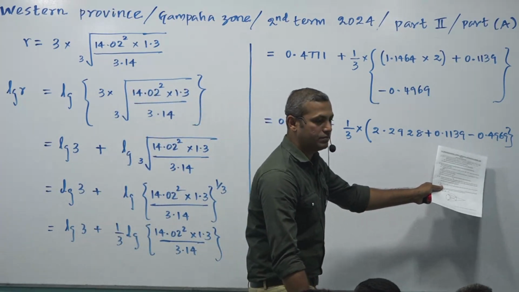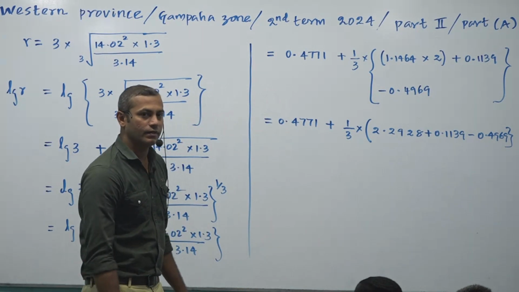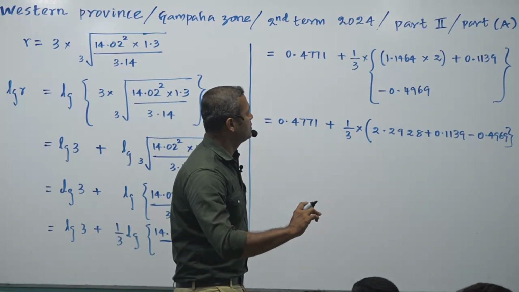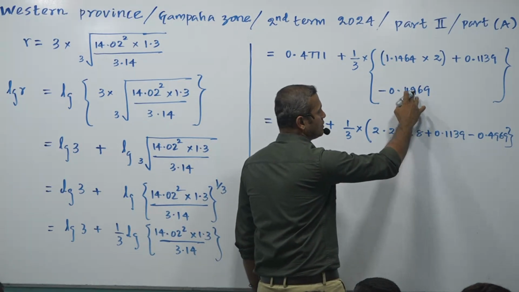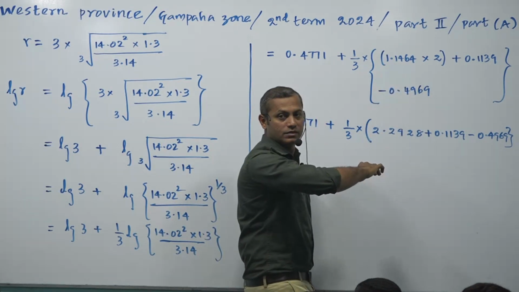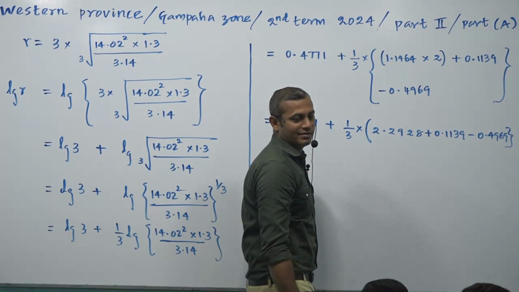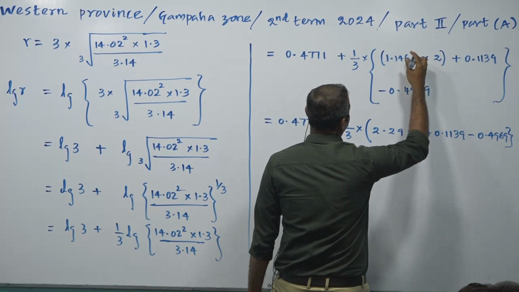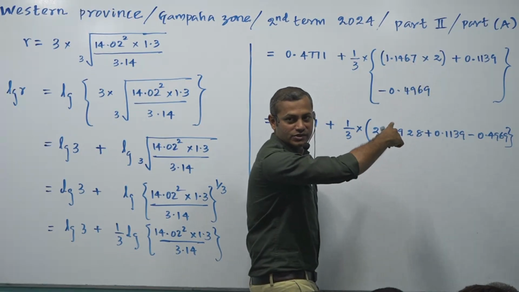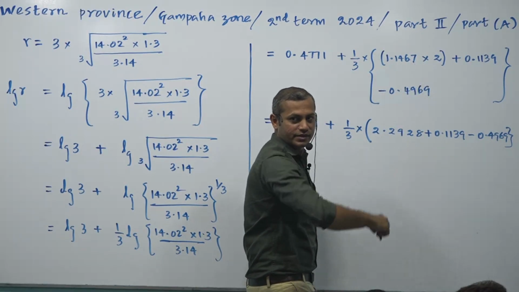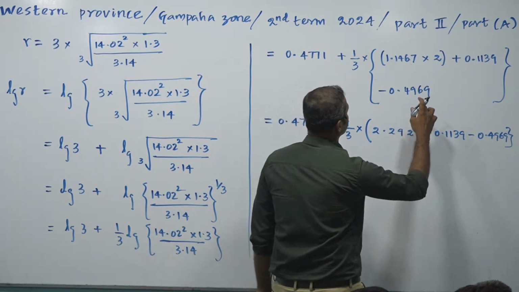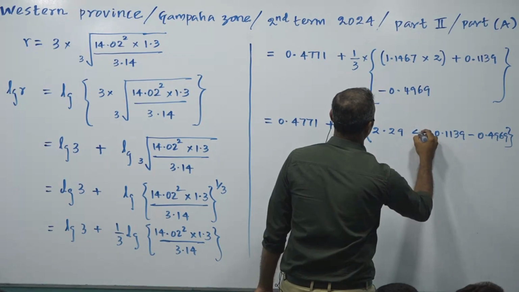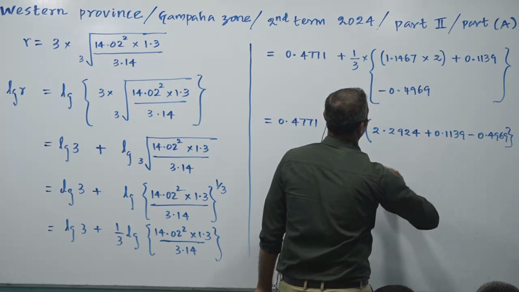Add first and then subtract and then divide by 3. This one, how much? 1460. Other values? Are they correct? One remains, 12.